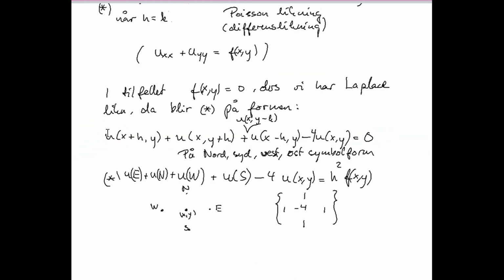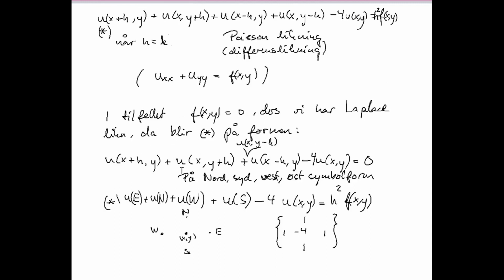So then we can call this u of capital E the east coordinate, and this is u of capital N, which is the north coordinate, and this is the west coordinate, and this is the south coordinate.